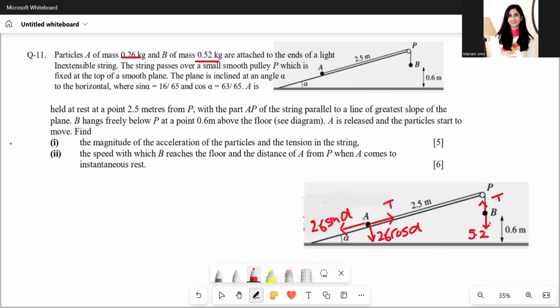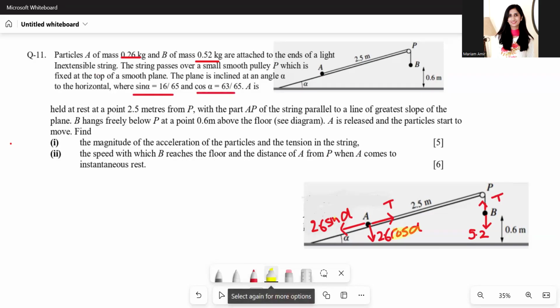Next, it says that the string passes over a small smooth pulley P, which is fixed at the top of the smooth plane. The plane is inclined at an angle alpha to the horizontal. Sin alpha and cos alpha are given.